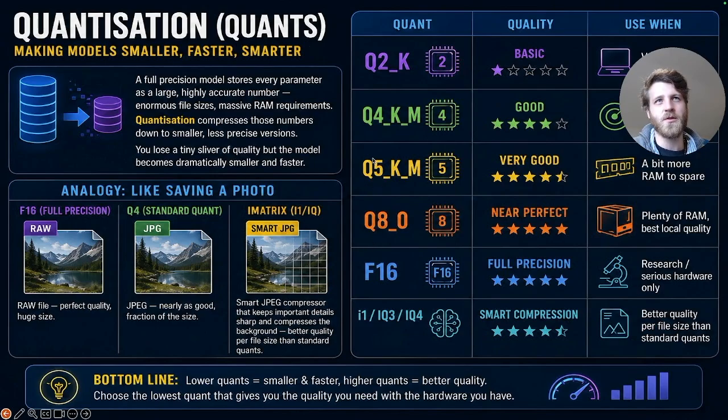Quants 8, Quants 5, Quants 4, Quants 2, and it's essentially telling the user, us, who is looking to download or search for a model, the amount of times the full precision model has been compressed in order to facilitate easier use on lower capacity machinery.